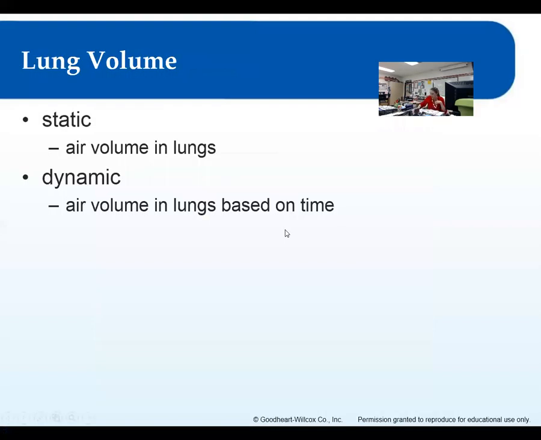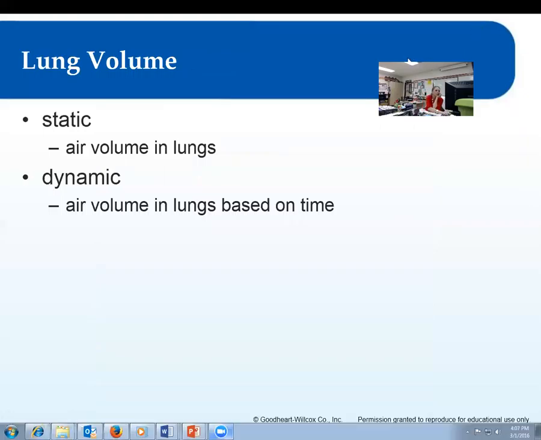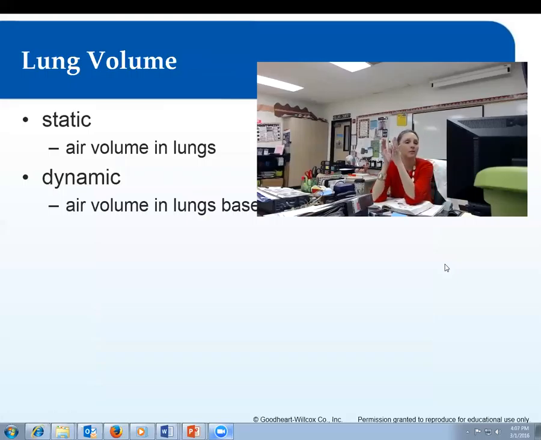All right, lung volume. So now we kind of see how the lungs are regulated. And one thing I want to tell you guys that I really don't talk about in here is the way that our lungs actually open up. We talked about the two layers of tissue, right? The parietal pleura and the visceral pleura.